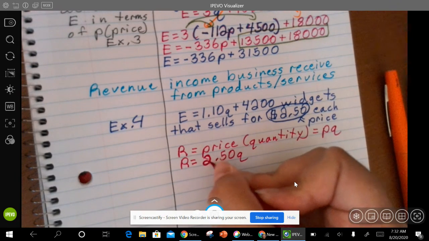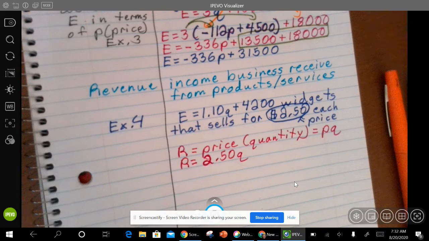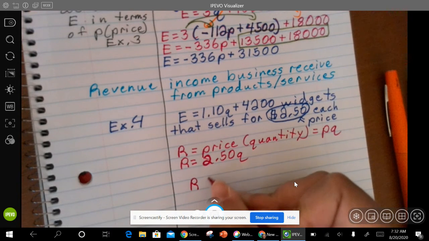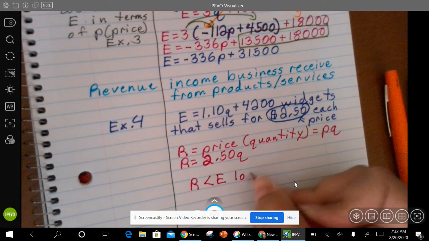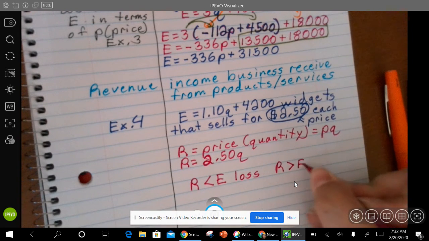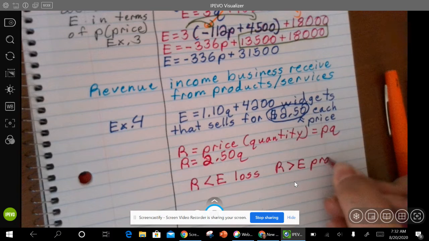Okay. If the revenue is less than their expenses, then the company has a loss. If the revenue is more than their expenses, then they're going to make a profit.